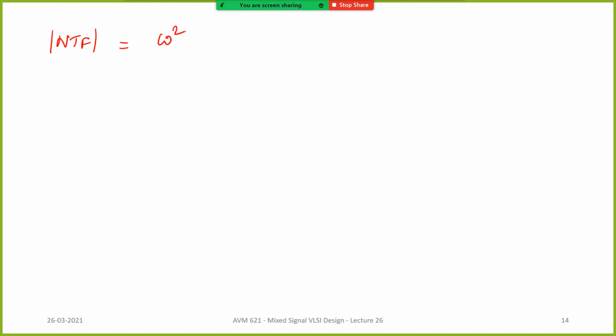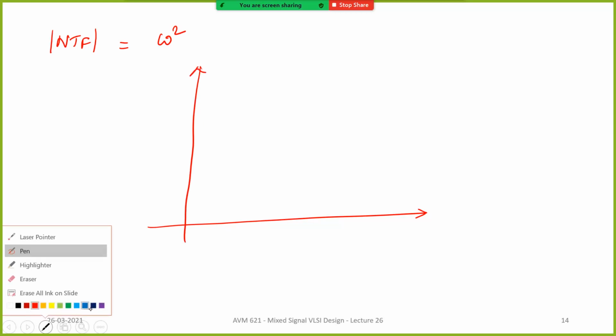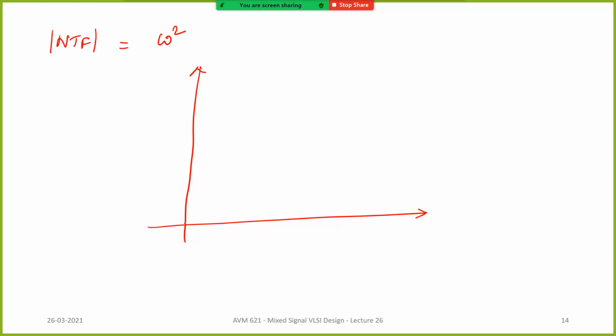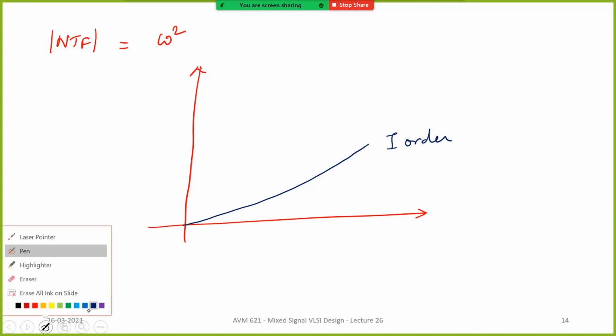Correct. Now, if you plot this, this is actually quite important. Let's say this is your first order noise transfer function, it is going to be something like this. Now, how is omega squared going to look?